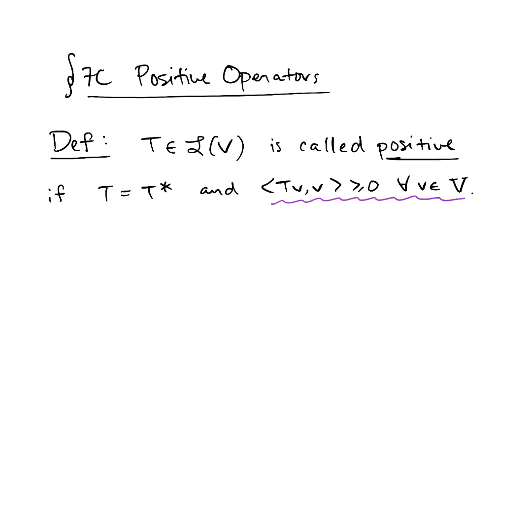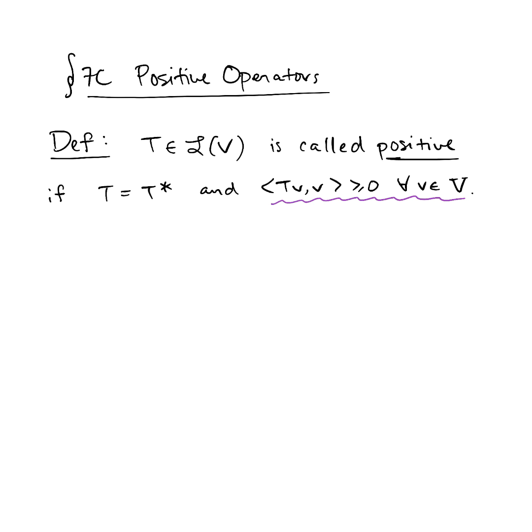Okay. Now, if you want to build the analogy that within the big box of all linear operators on V, the self-adjoint operators play the role that the real numbers play in the box of complex numbers, then you might start thinking about square roots.